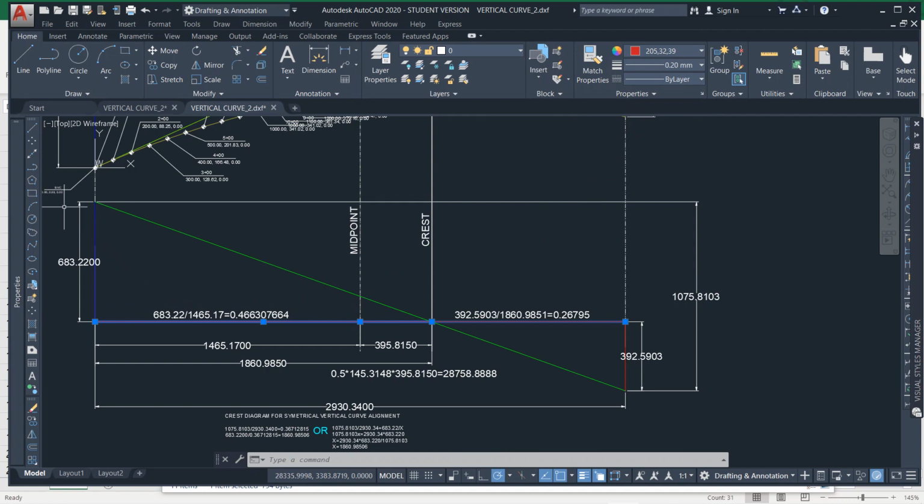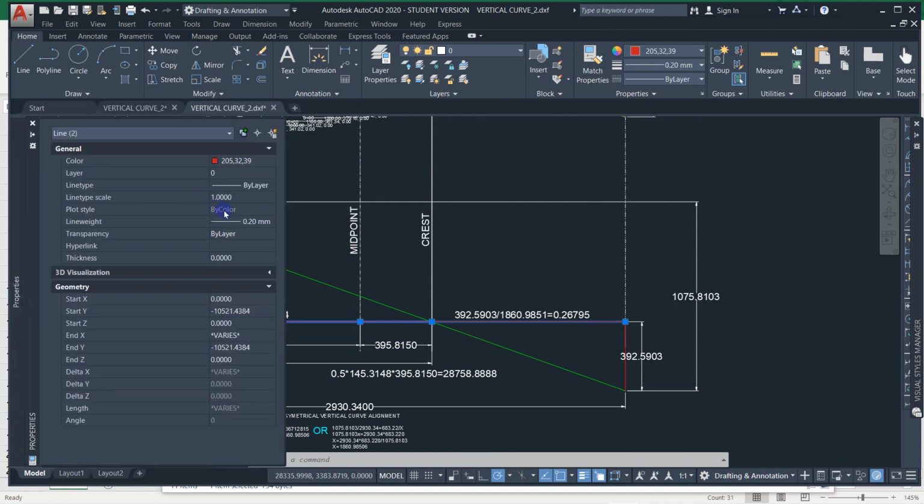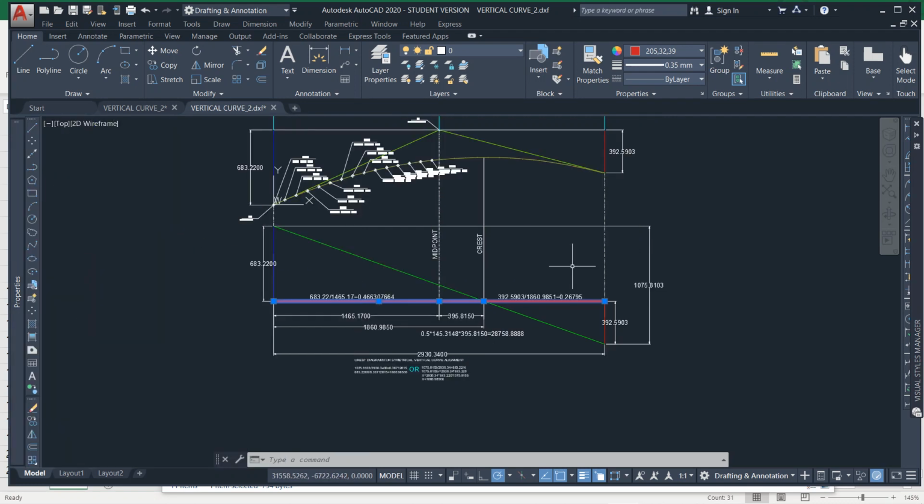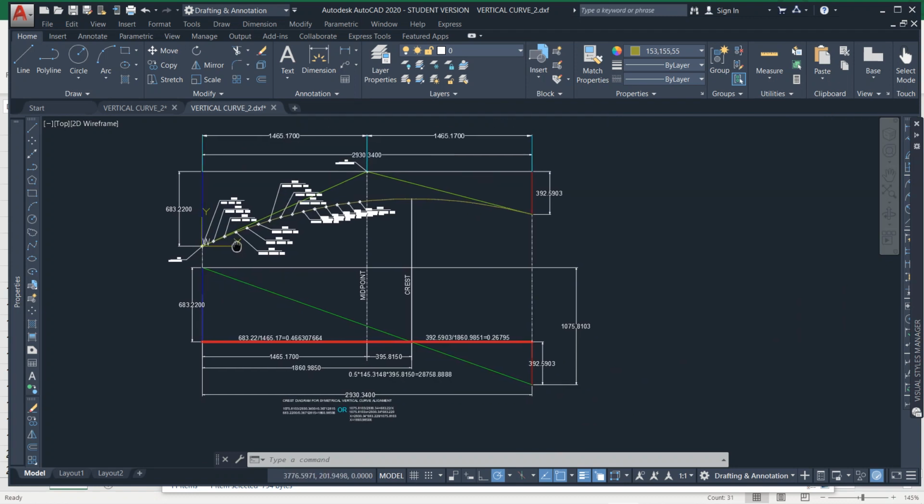And then let's change the thickness to 35, enter. Now we know this is the same length as the length. This is our length, right? And that's our elevation between PVC and PVI, 683.22.